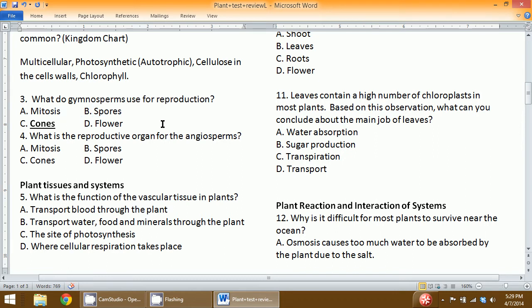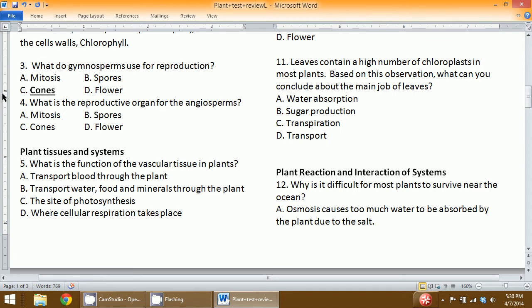Mitosis, things don't reproduce. You can have somatic cells, so non-sex cells, that reproduce through mitosis, but bacteria do something called binary fusion, which is kind of a type of mitosis. But for gymnosperms, we're going to say cones.